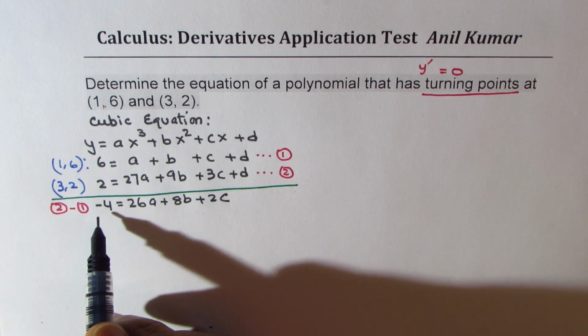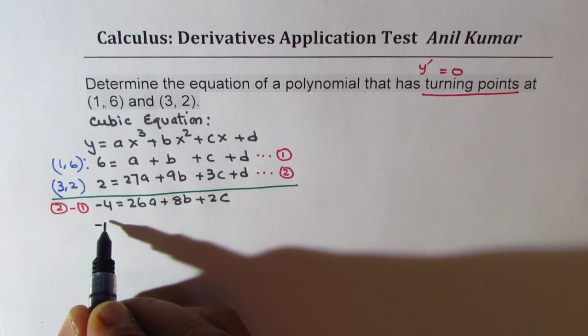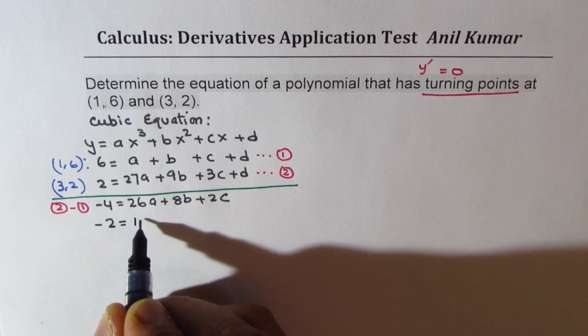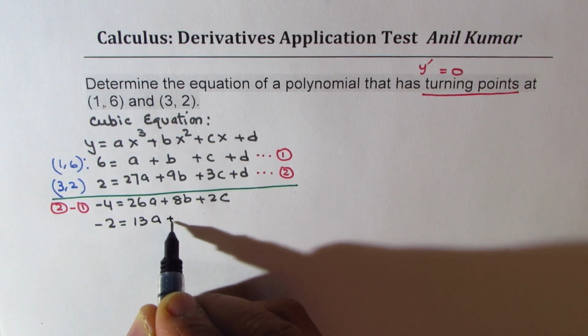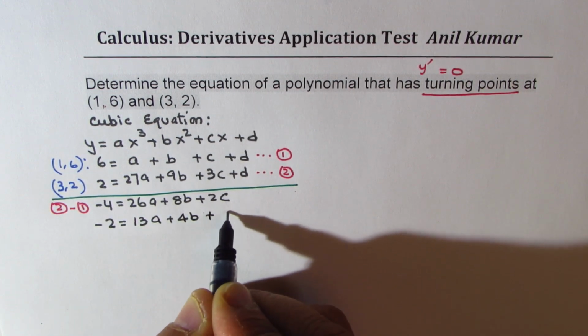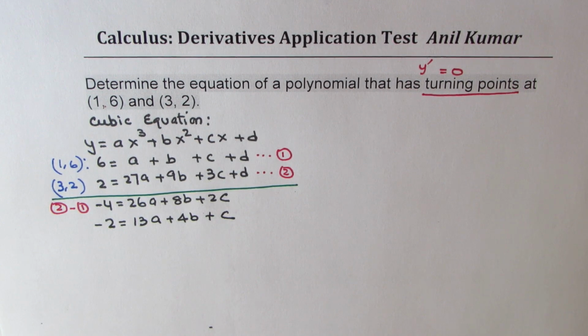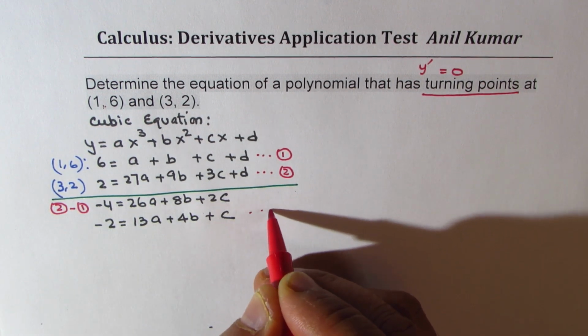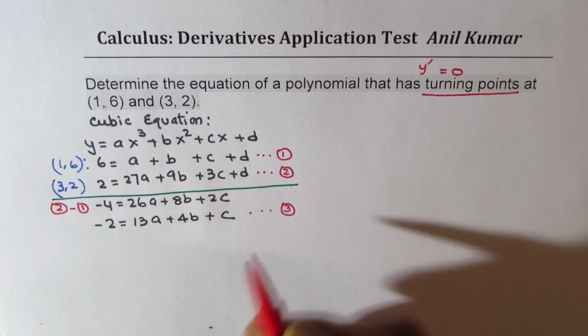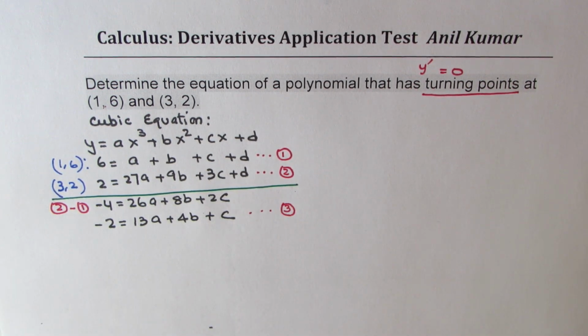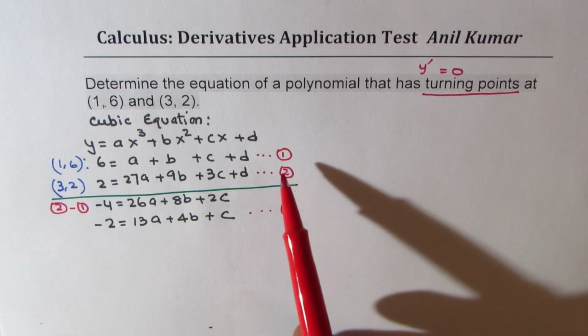Let's divide it by 2, so we get minus 2 equals 13a plus 4b plus c, right? So this equation, we can number as our equation number 3, which we got as a result of working with equations 1 and 2.